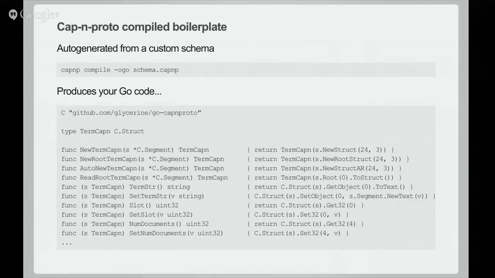Instead of having your struct, you end up with the Cap-n struct and all the methods on it. So when it comes to doing your code, you have the choice that you can either convert all the information back to your structs but waste the time, or you can use the methods to interact with the information directly, which is much faster from a read perspective.